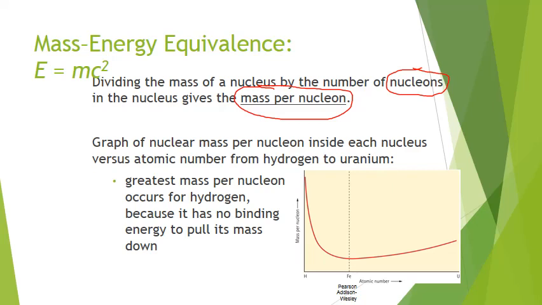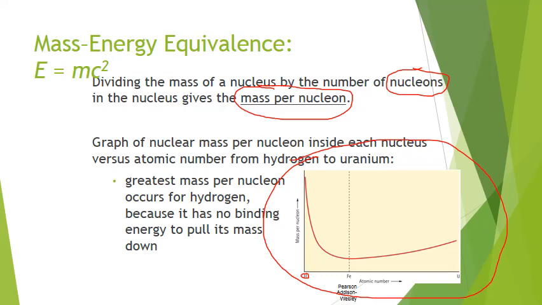When you do this math, you wind up with this curve down here, which is really interesting, which shows that hydrogen, way down here at atomic number 1, has a large mass per nucleon. On average, the mass of its proton is larger than the mass of a proton in a helium atom, or a lithium atom, or a boron atom, et cetera, et cetera.